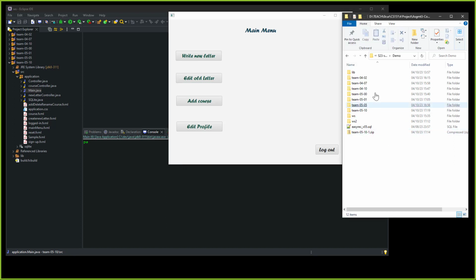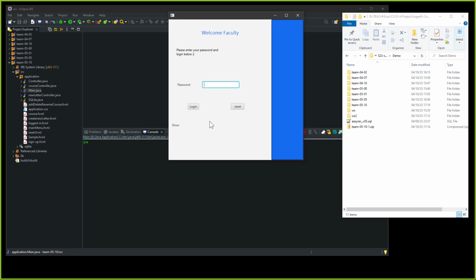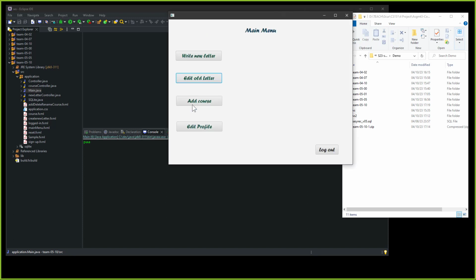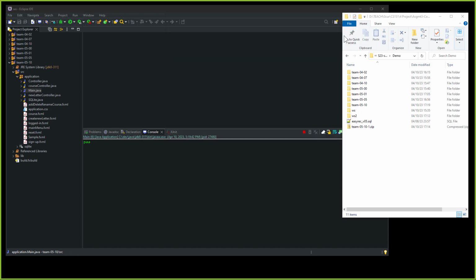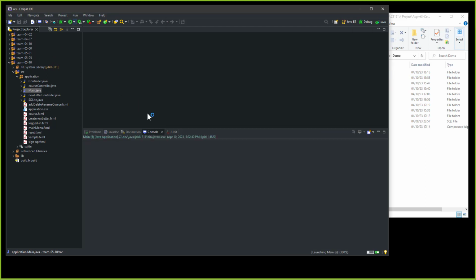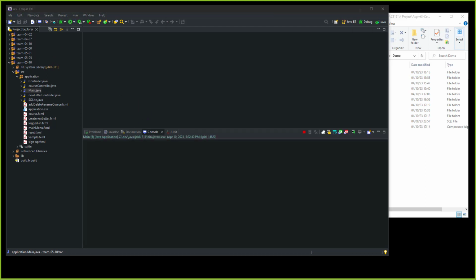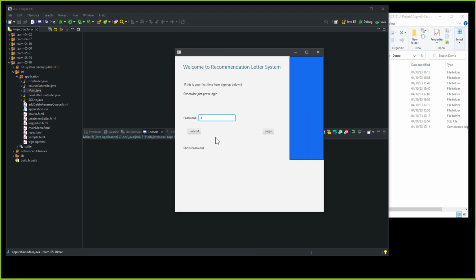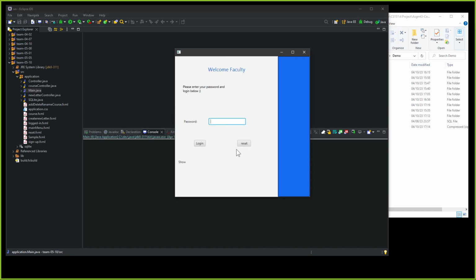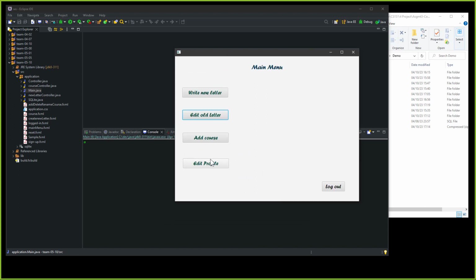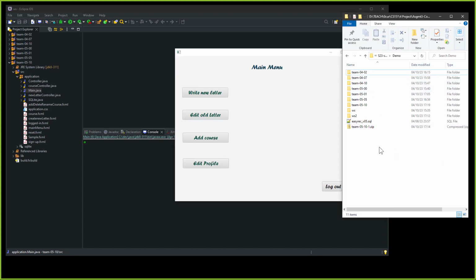Okay, so now let me remove this and see what would happen. Log out, A, login. It's working. Let me run it again. A, login, A, login. It's working. That's good. It means it is really using this database.